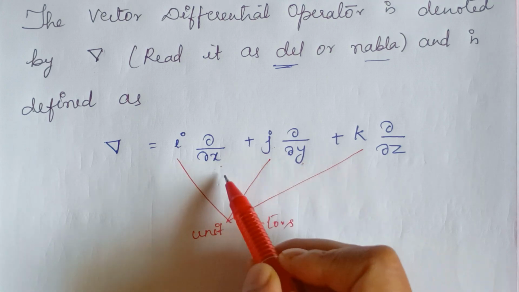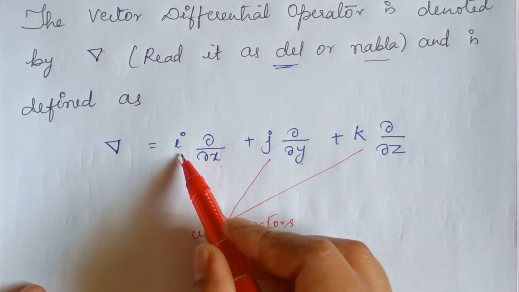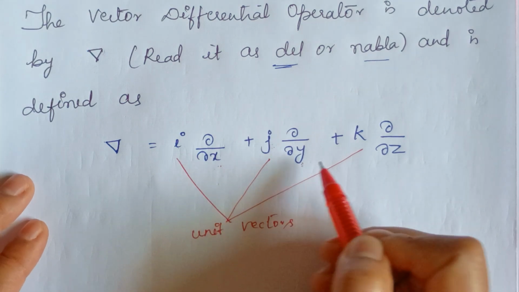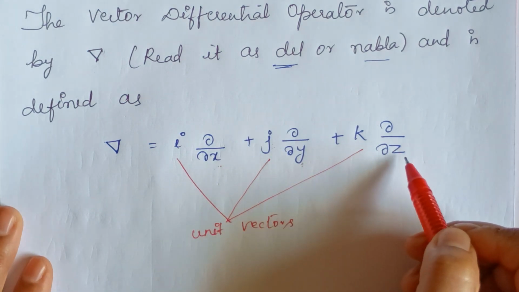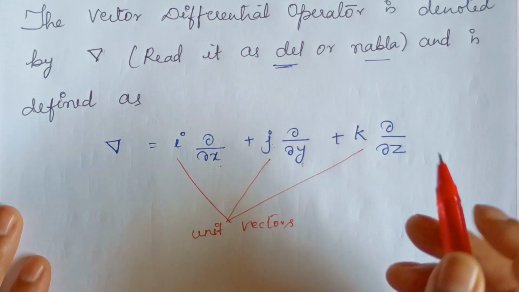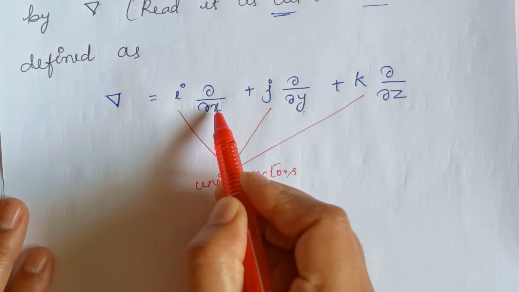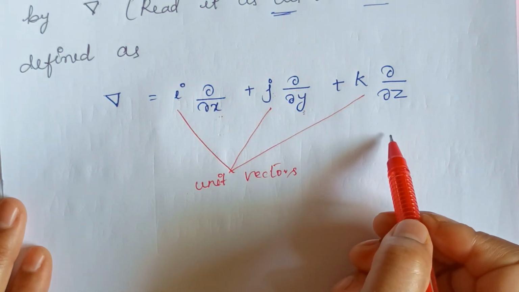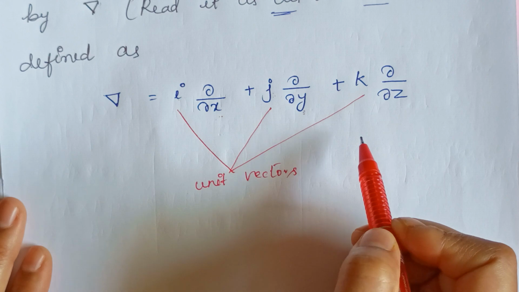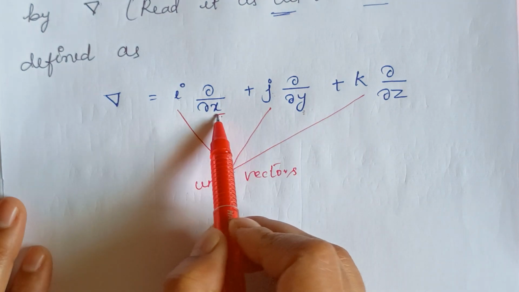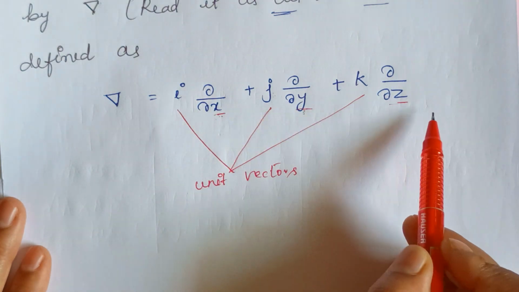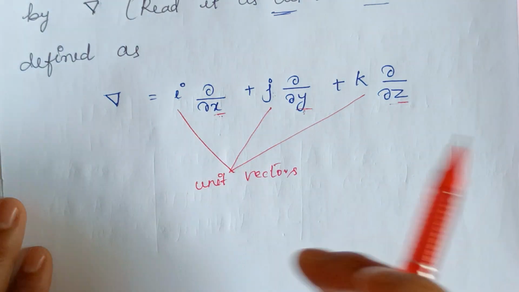So the i unit vector is along the x direction, the j unit vector is along the y direction, and the k unit vector is along the z direction. And when I'm talking about dou by dou x, dou by dou y and dou by dou z, they are the partial derivatives with respect to x, y and z.